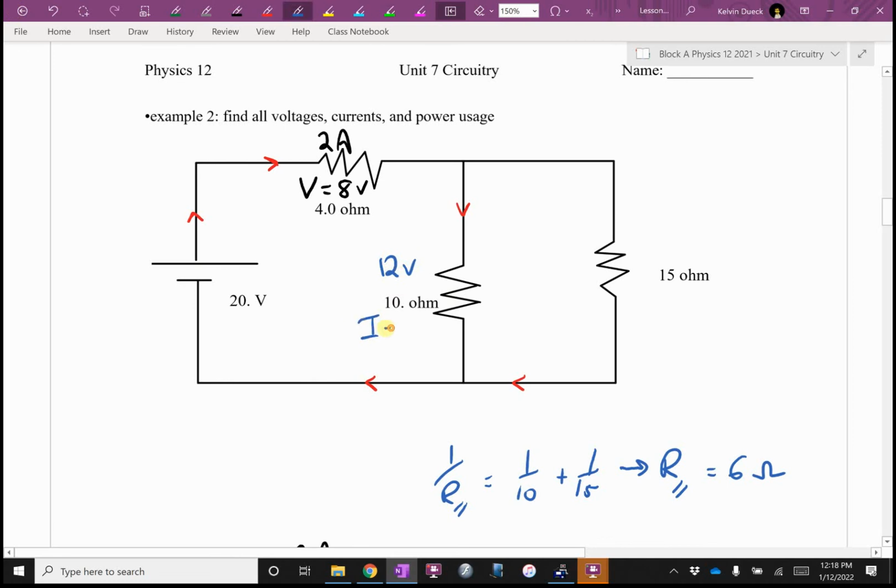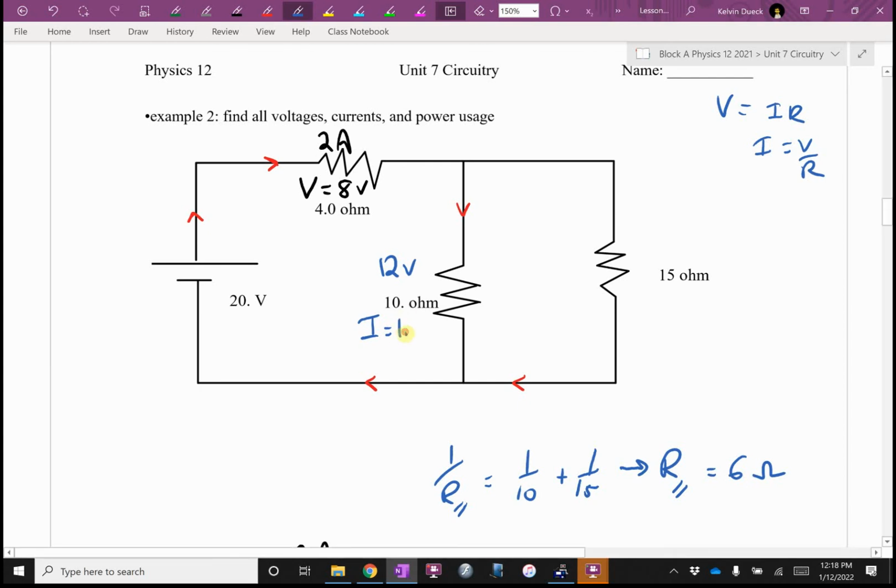Oh, how many amps am I using going through there? If V equals I times R, I think I equals V over R. Pretty sure it's going to be 12 divided by 10, which you don't need a calculator for.